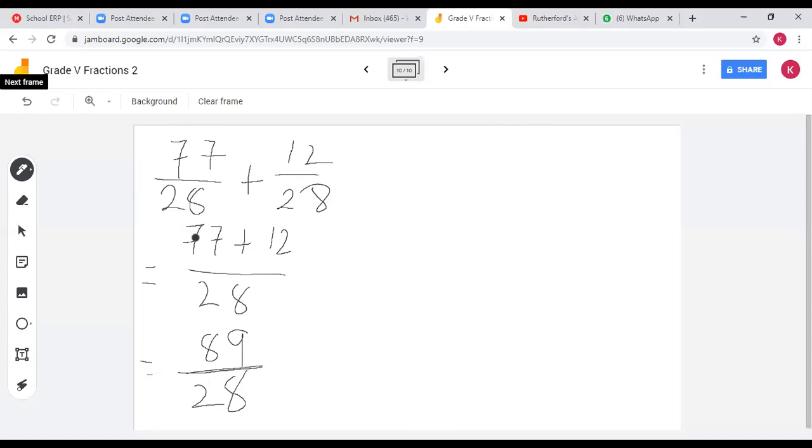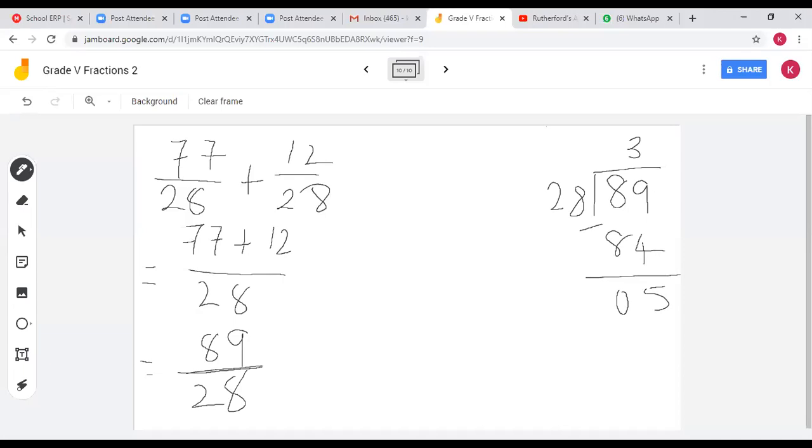Okay, and we have got 28. So we divide 89 by 28, and we know that 28 ones are 28, 28 twos are 56, and 28 threes are 84. So we have got 9 minus 4 is 5 and 8 minus 8 is 0. This is part of your rough work.